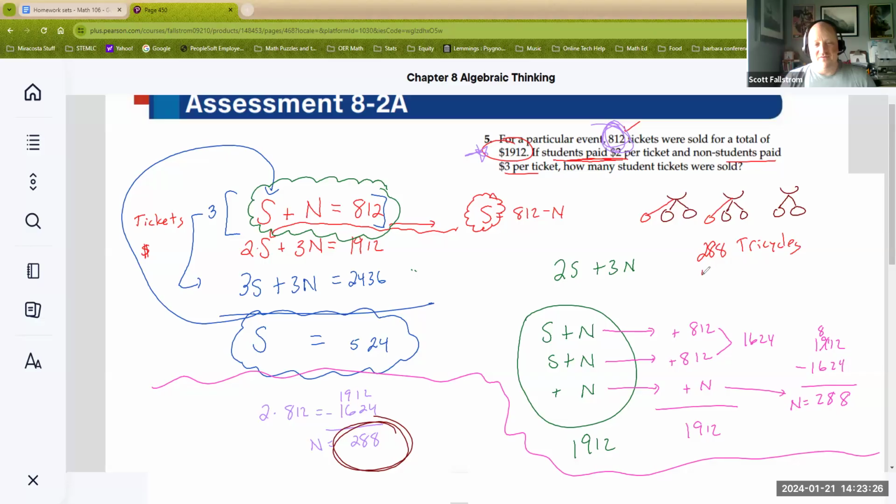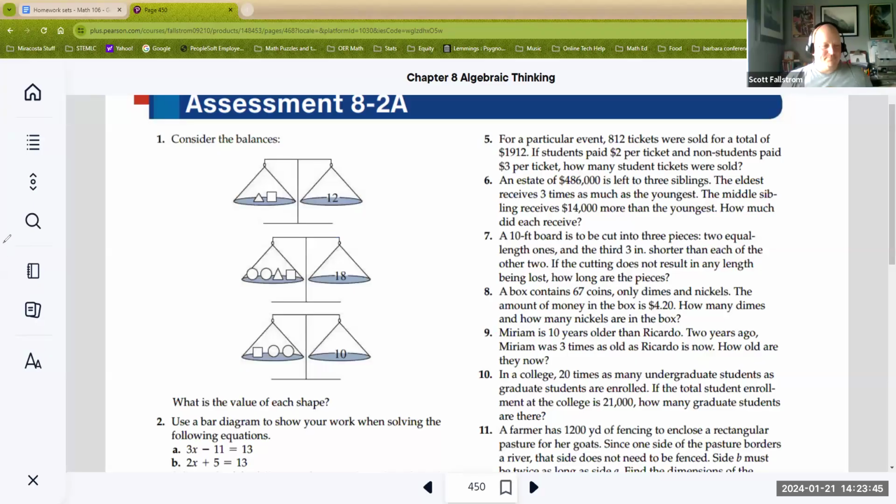And that leaves you with 524 bicycles. Okay, it's basically the same problem. $2 per ticket and $3 per ticket. 2 wheels per vehicle versus 3 wheels per vehicle. You see, it's the same question. The context is a little different, but it's exactly the same idea.